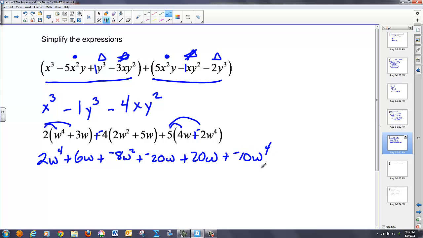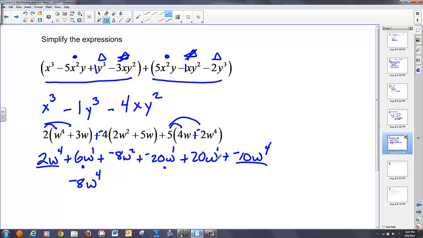Again, I'm going to look for like terms. So here's a w to the 4th and here's a w to the 4th. Add 2 plus negative 10 and I get negative 8w to the 4th. W to the 1st and w to the 1st, I notice those match.